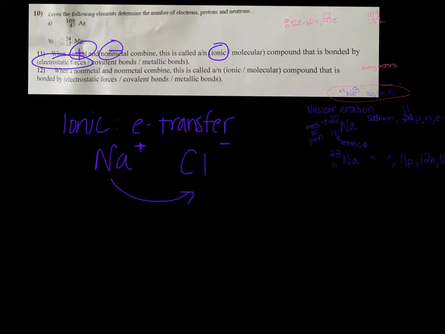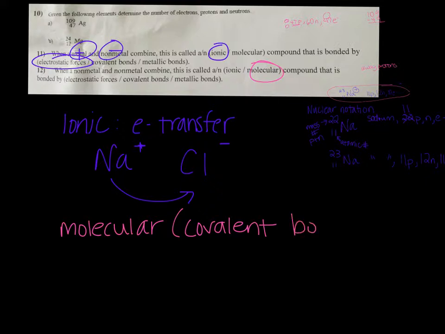When a nonmetal and a nonmetal combine, this is a molecular compound. A lot of people like to say covalent, and that's fine, but you're going to see molecular more often. But this is when you have a covalent bond, and electrons are shared for this one.